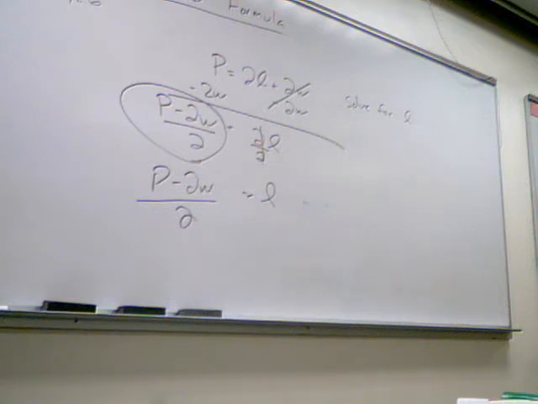Well, first of all, I want to get rid of this, right? So if I multiply both sides by 3, I'm going to get rid of it, right? So 3 over 1, 3. You can put the 1 if you want, but it's going to be 3A, right? These 3's are going to simplify out, and I'm going to be left with M plus 2D.